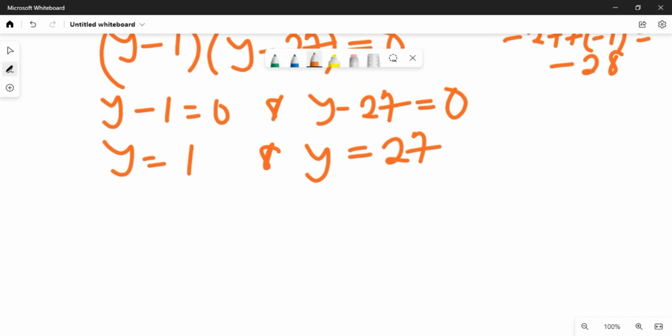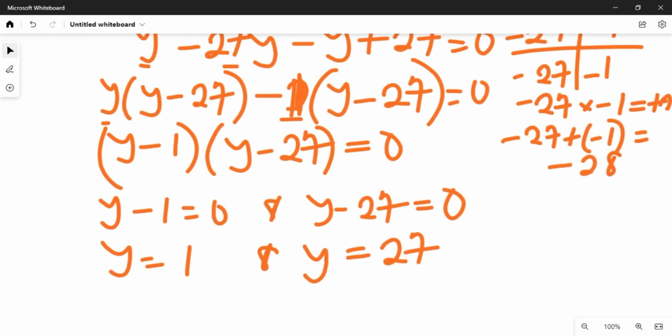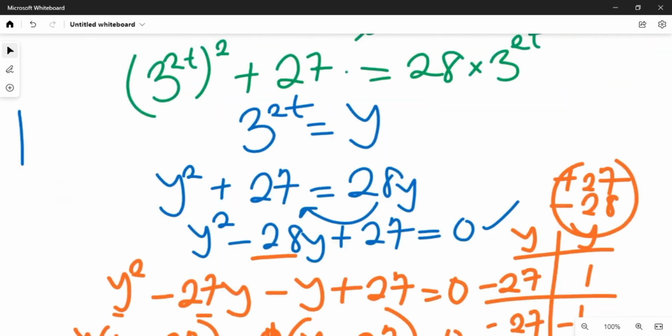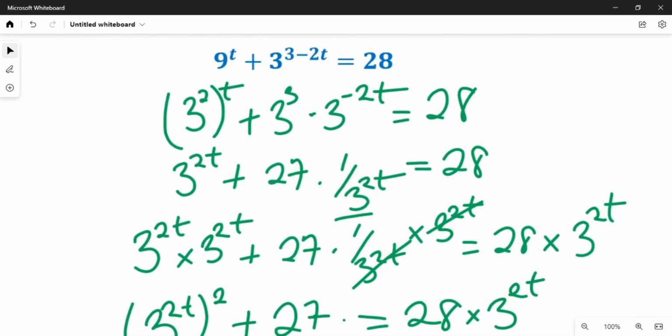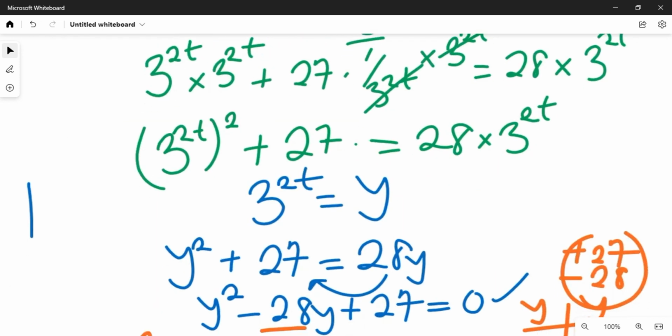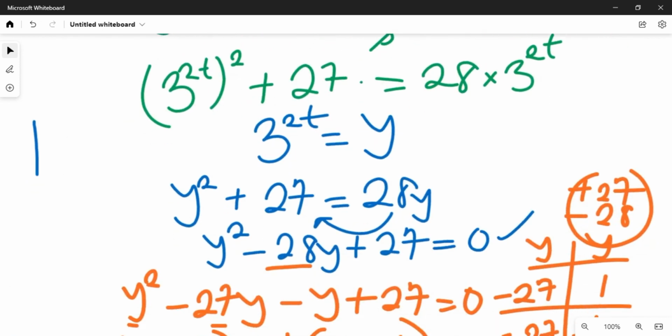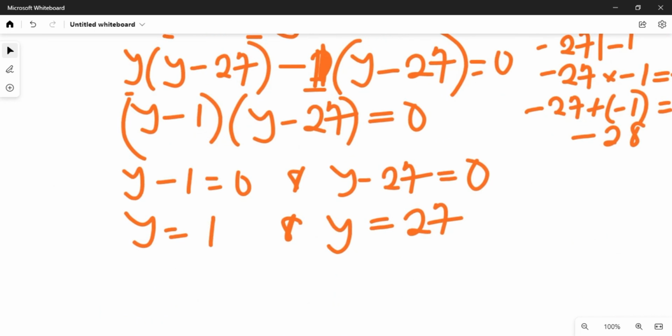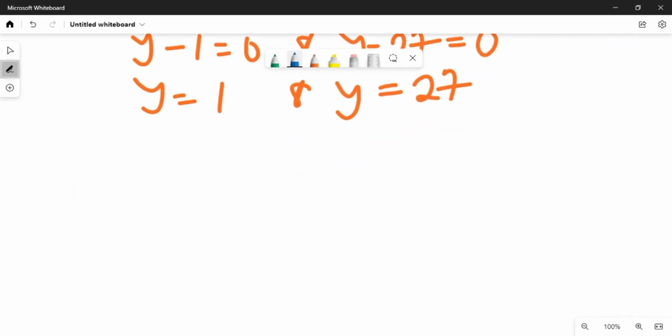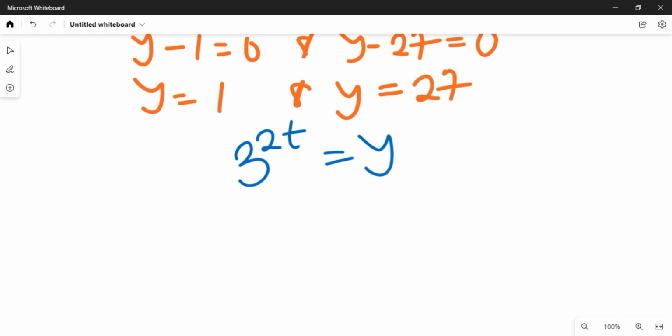So the next thing we're going to do is to find the values of t. Remember, we are asked to find the value of t in the equation, and we remember our 3 raised to power 2t is equal to y.